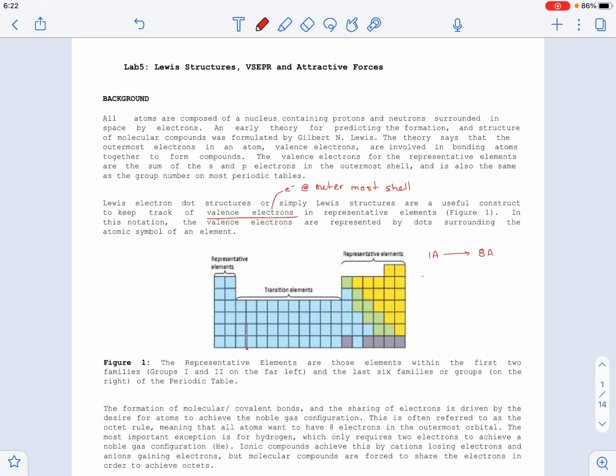And remember that the number before the letter A indicates the valence electrons in an atom.